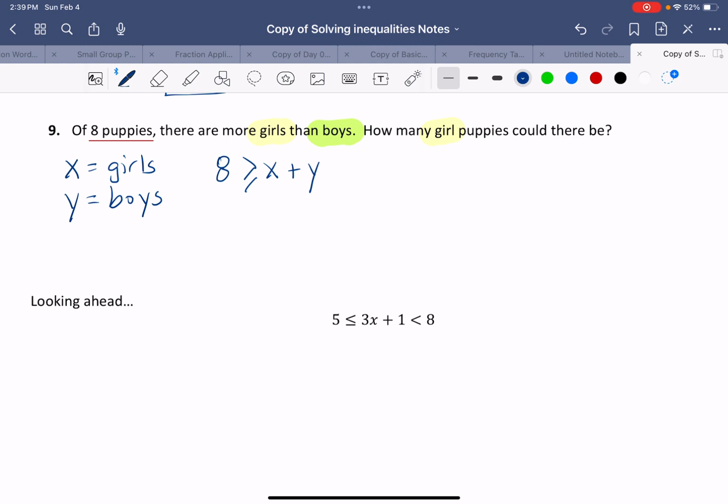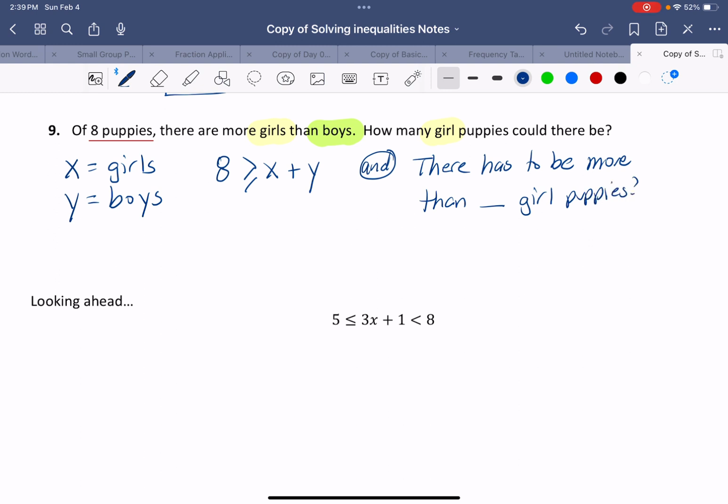And then it's like, how many girl puppies could there be? Well, if we're thinking about it, there has to be more than how many girl puppies, right?